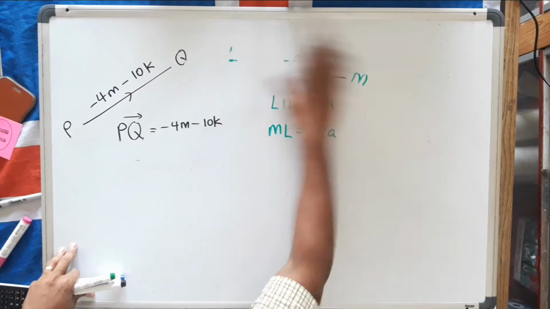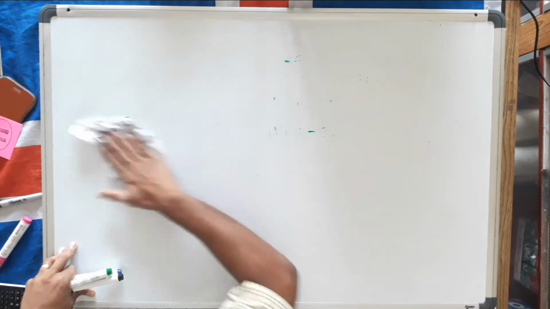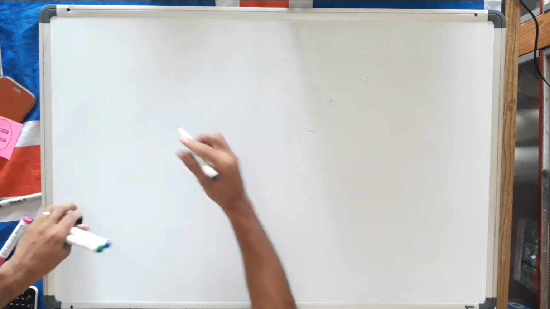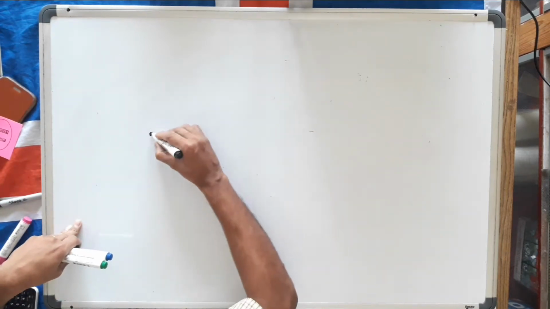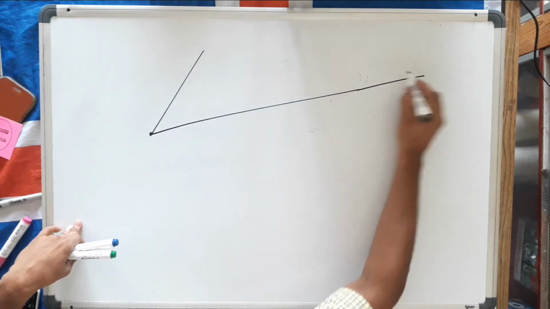All right, let me draw one of the most popular types of questions here. Let's draw a little situation here. We'll draw it big so I can write on it.